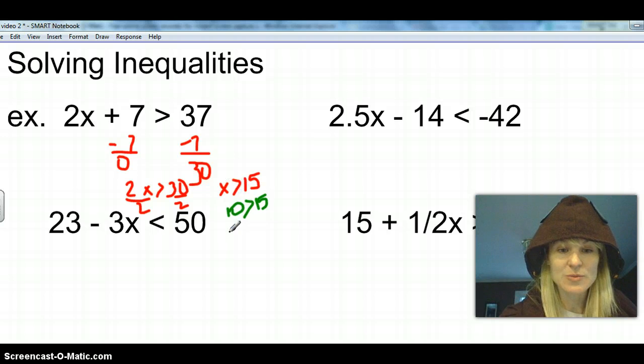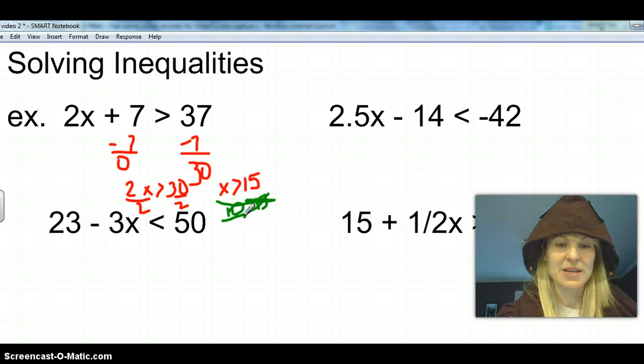I was thinking about this backwards. So, good thing I thought about that and corrected my mistake. X is greater than 15. So I have to pick a number greater than 15, so let's just pick 20. If I pick that in, this statement will be true. 20 is greater than 15, right?